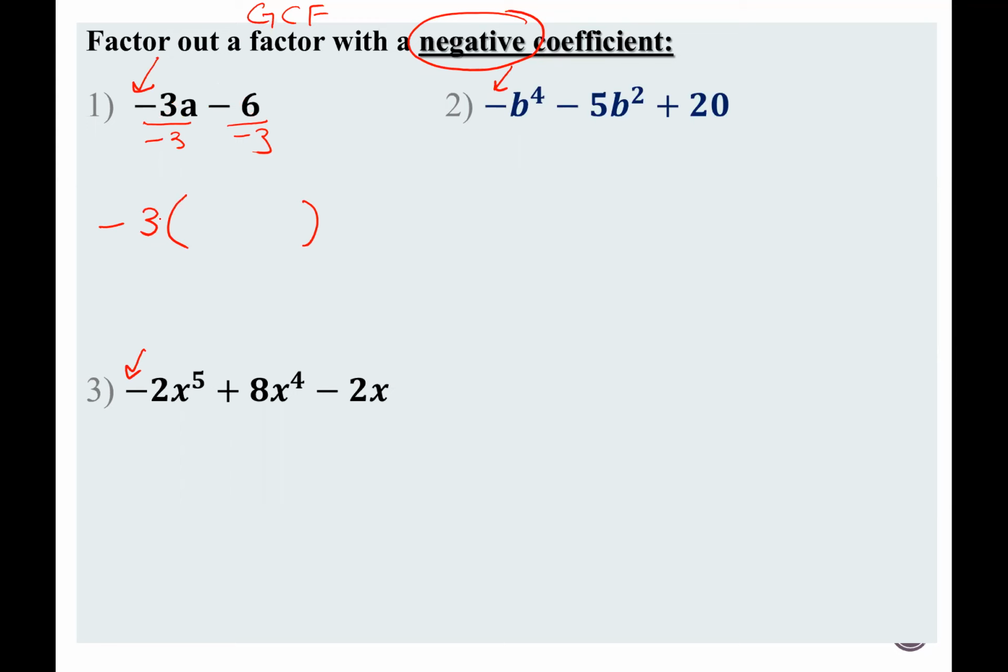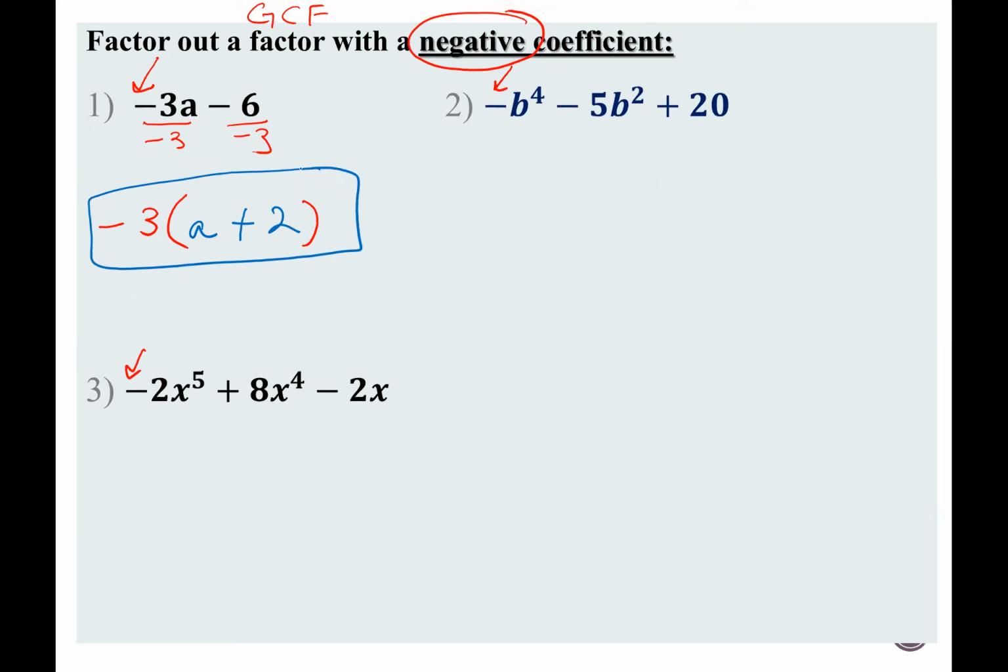Pay attention, when we're dividing by a negative, we're going to change the signs. Negative divided by negative is now positive. 3 divided by 3 is 1, and I can just leave the a. So you can write 1a or just a. I had a minus sign next, which means I'm about to have a plus sign here. Negative 6 divided by negative 3 is now positive 2.